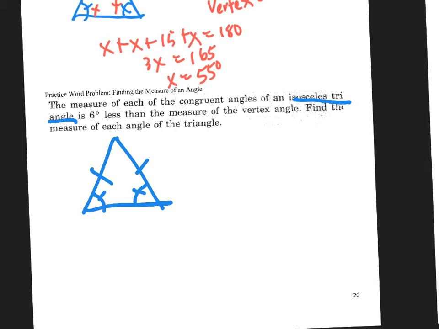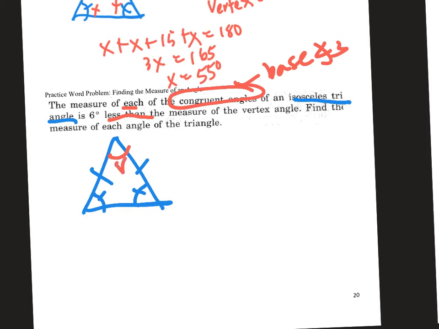Now, it says the measure of each of the congruent angles, so that means my base angles, so let me just annotate that. My base angles are 6 less than, right? This less than tells me I'm subtracting from the measure of the vertex angle. So I'm going to say that this vertex angle here is going to be v.